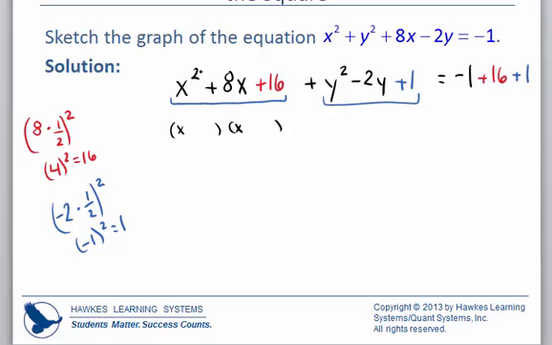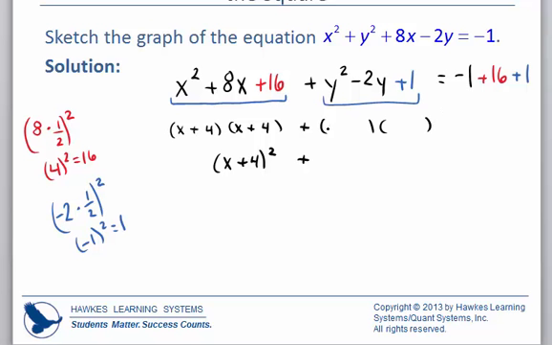We also know that these parentheses have to be identical. So the only way for them to be identical, like putting an 8 and a 2 would not work because we need the same number in both places. So it would have to be a 4 times a 4. And there's all pluses here, so we know that both of these would be positive. And so that part of the equation is going to give me x plus 4 squared.